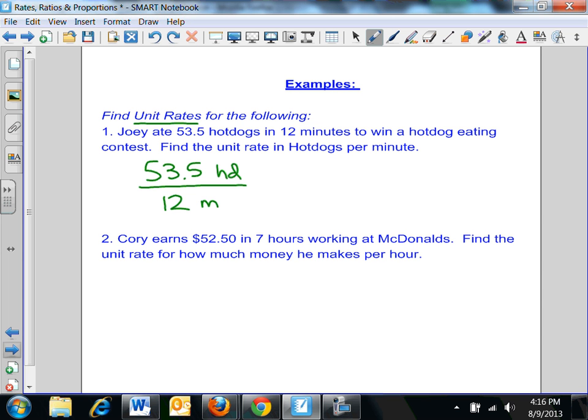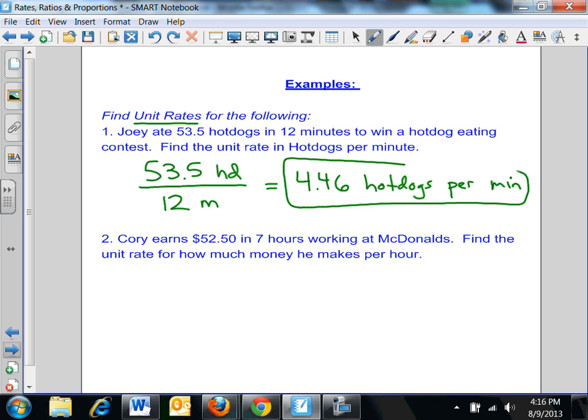So for this problem I get 4.46 rounded off. And that would be hot dogs per minute. That would be our unit rate for Joey's hot dog eating ability.